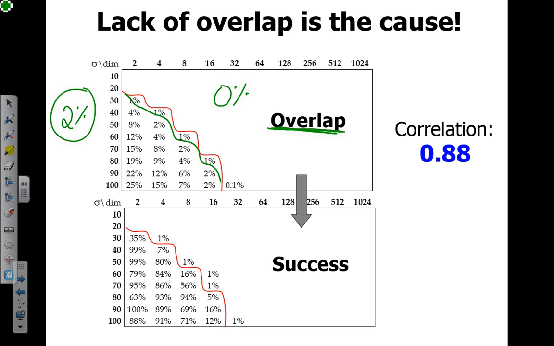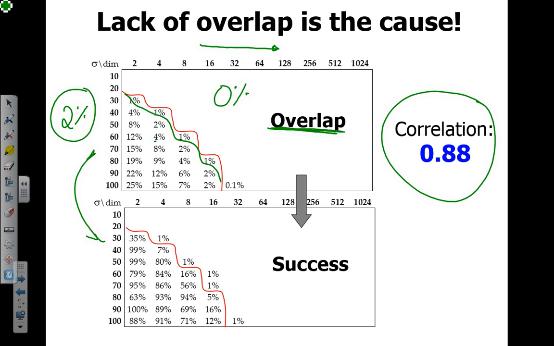So increasing dimensions, you just get rid of the overlap. There's no overlap anymore. And if you look at the K-means success rate, it corresponds almost directly to this overlap. In fact, the correlation coefficient is as high as 0.88.